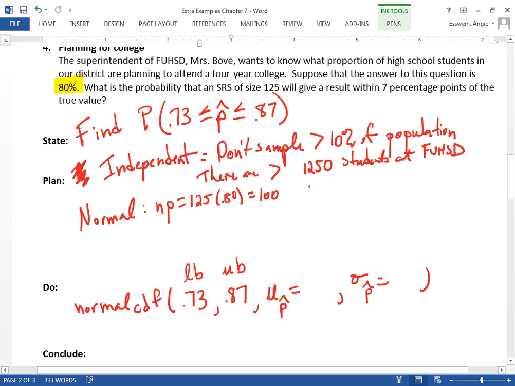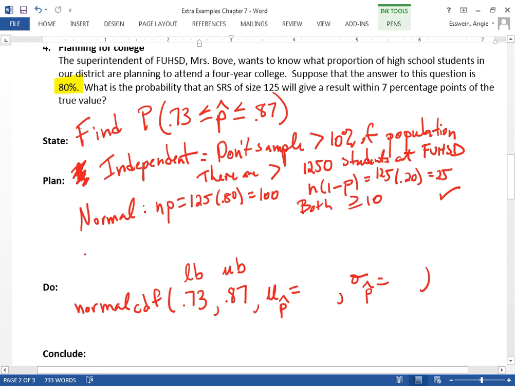And n(1 minus p) is 125 times 0.20, which is 25. They're both greater than or equal to 10. So we've checked both the normal condition and the independent condition.